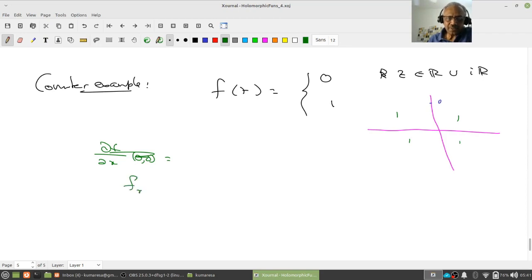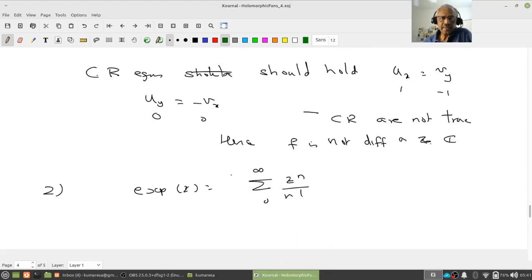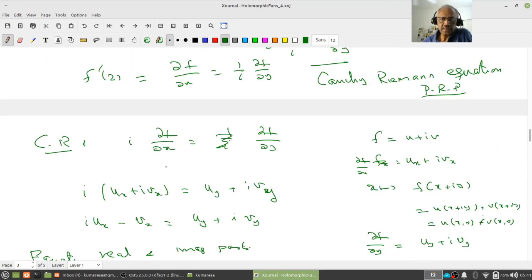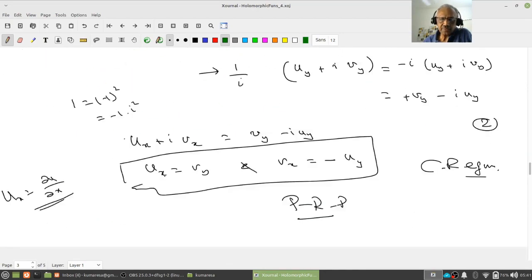My Cauchy Riemann equation was i times del f by del x equal to del f by del y. This is our first Cauchy Riemann equation.